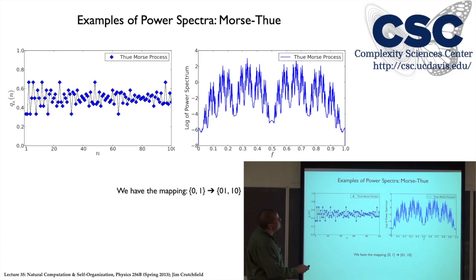And if I were to magnify and look at smaller and smaller intervals, I would again find that I get structures that are self-similar in a sense. When I calculated this spectrum, I used 1,024 symbols created according to this mapping, and I used 1,000 points to calculate this power spectrum, as I've done with all the power spectra.